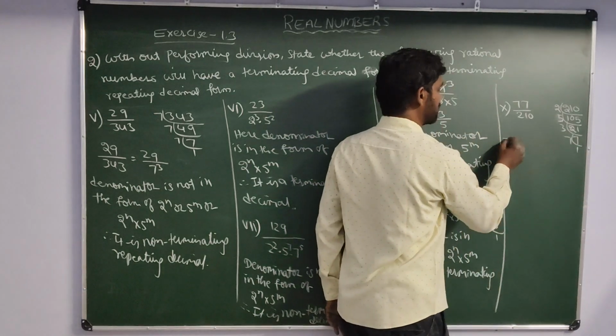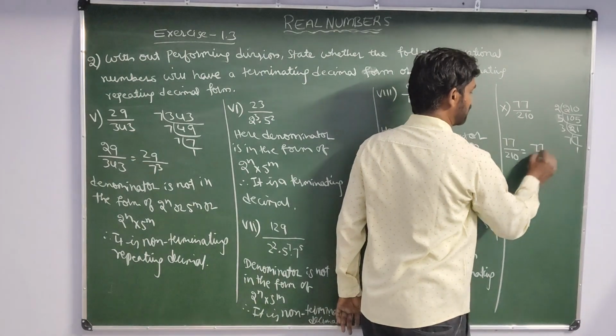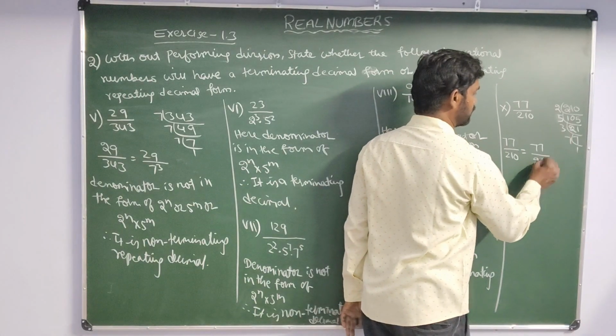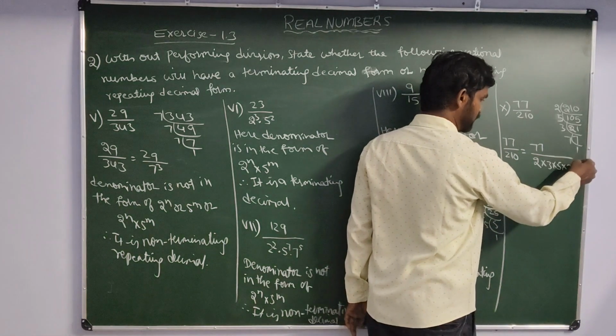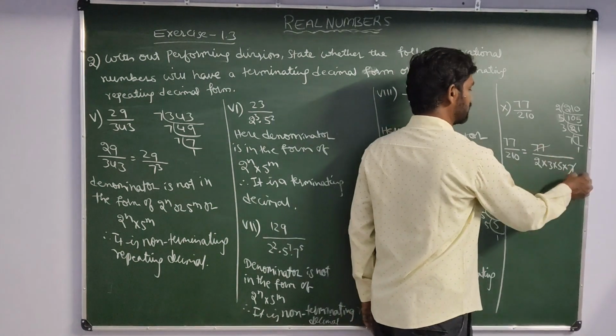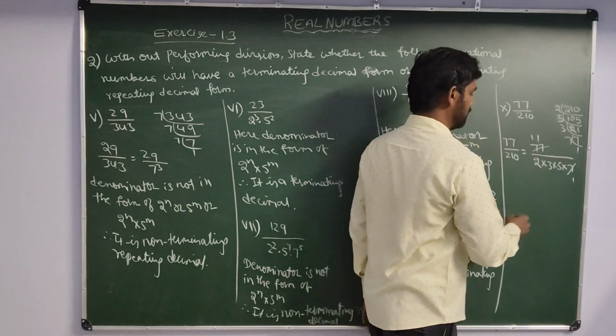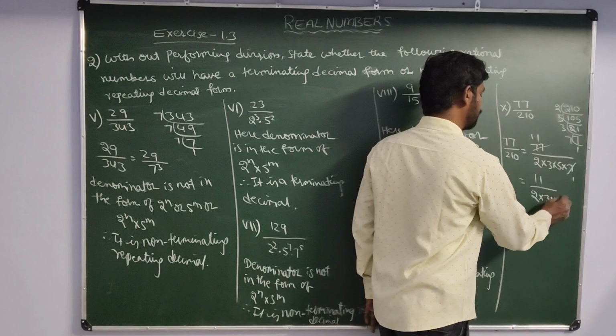So we write that 77 by 210 is equal to 77 by 2 into 3 into 5 into 7. So here there is a possibility of cutting. So we can cut 7 ones are 7, 7 elevens are 77. So we get 11 by 2 into 3 into 5.